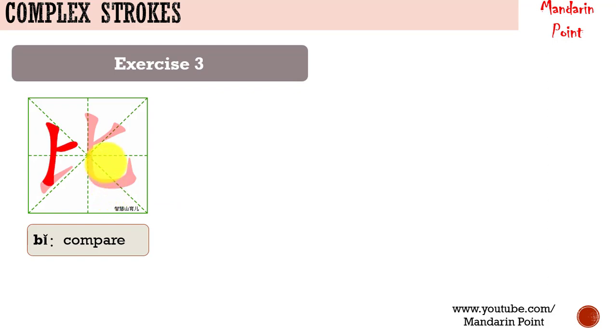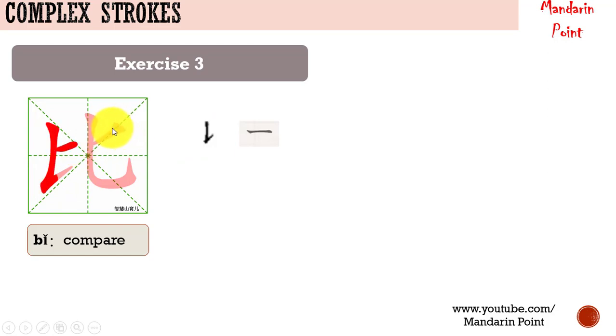Here we have b to compare. How many strokes does this character have? 1, 2, 3, and this 4. Vertical stroke and a rising. The second one is horizontal stroke.